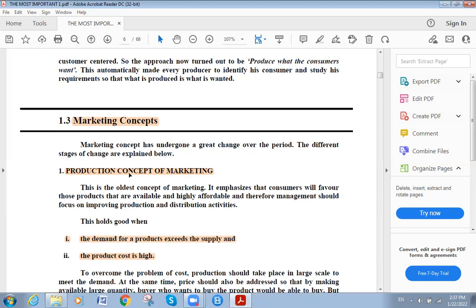So in this era, the producers didn't care too much about the consumer needs and wants. They didn't get back to the consumer to know what the consumer wants. Rather, they worked on the production.